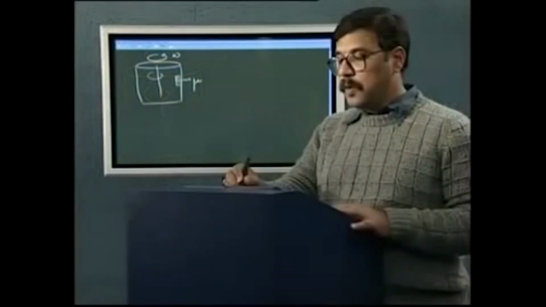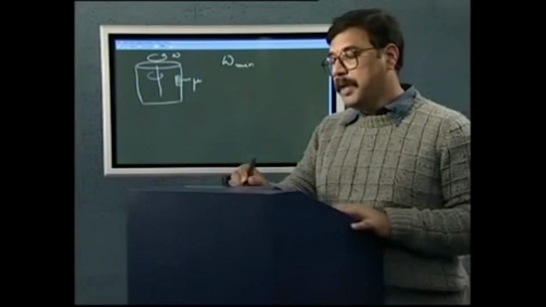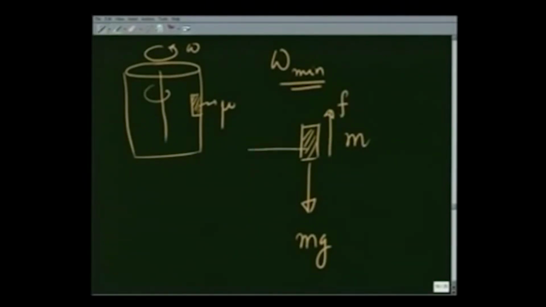I want to know what is omega minimum when this mass is stuck on the wall. If I take a free body diagram of this mass m, it is being pulled down by its own weight and the friction opposes this, and there is a normal reaction N. These are the three forces that are acting on this mass.